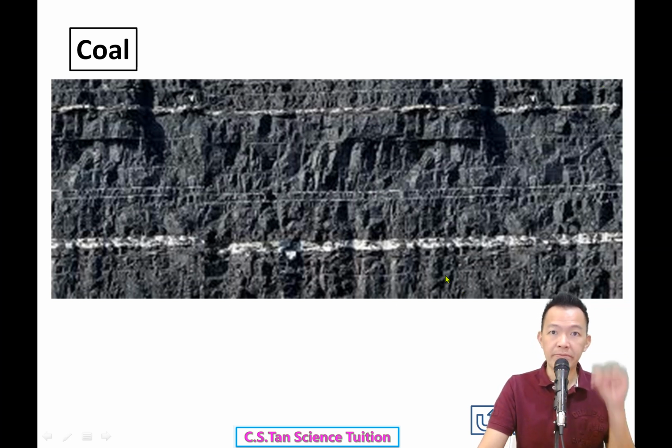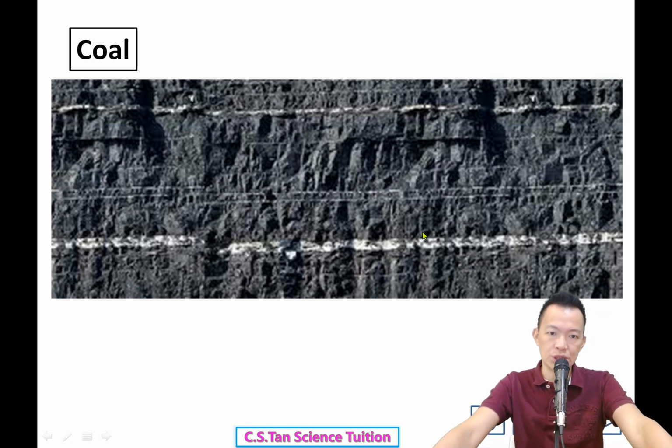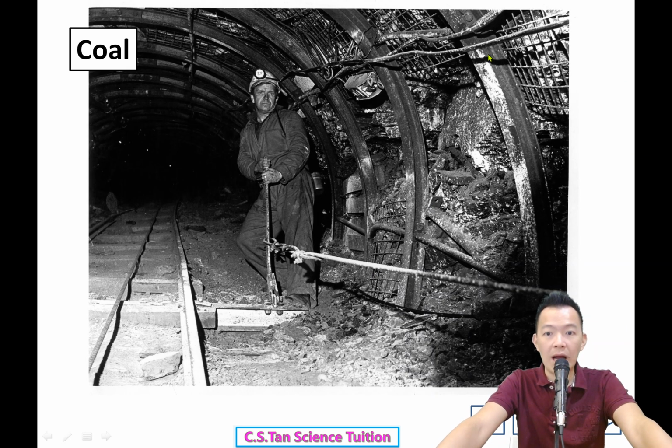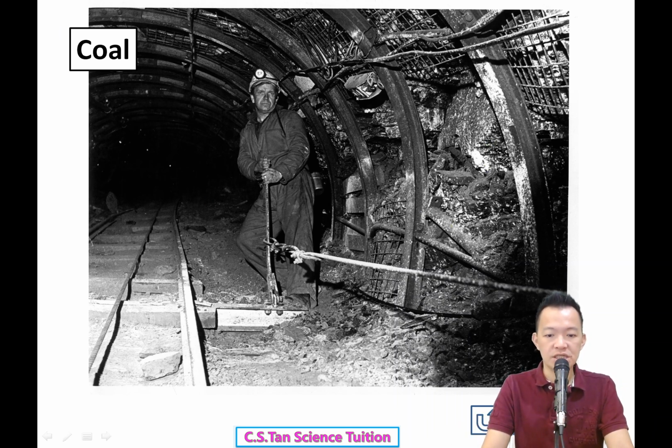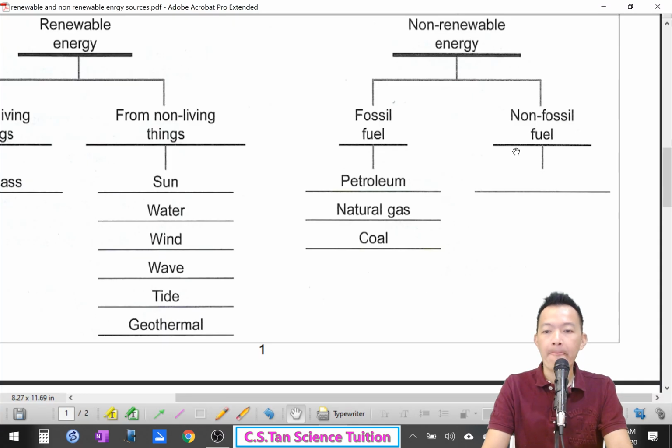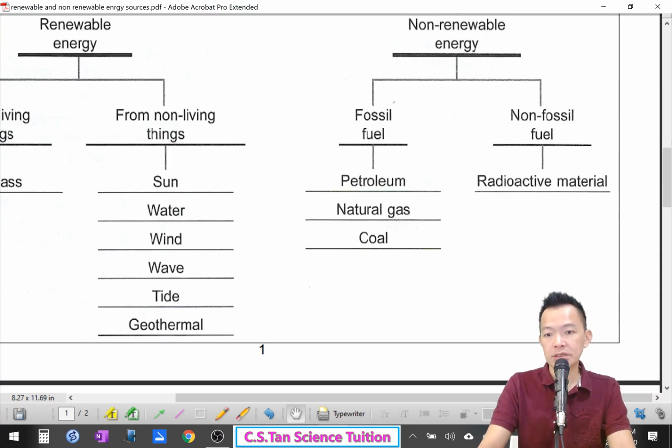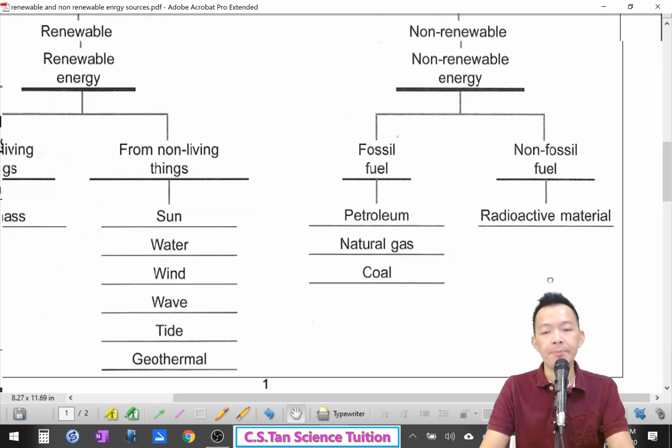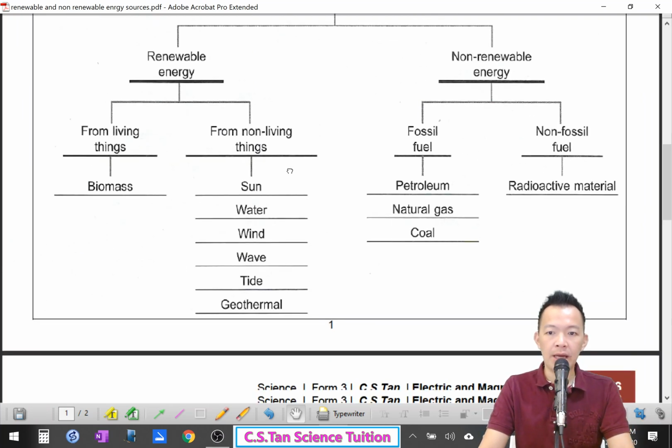But Malaysia we have petroleum, 马来西亚我们有石油, 没有用到这种矿. 这种叫煤炭, 地底下100万年前形成的. Okay, so this is fossil fuel. And an example of non-fossil fuel, 不能更新的, radioactive material, 就是有辐射的东西, 也就是核子能的东西啦.